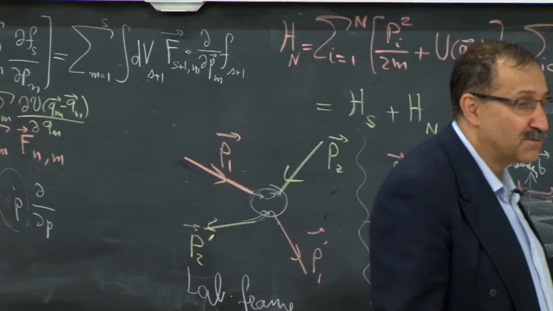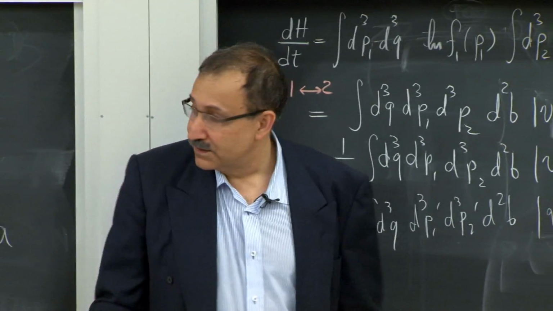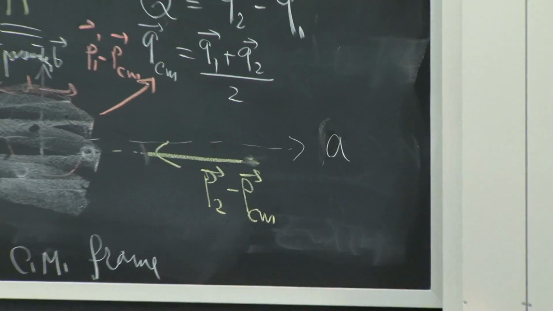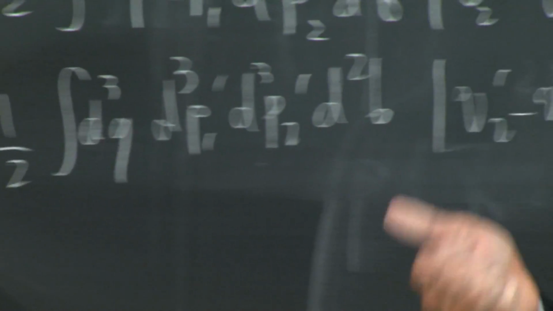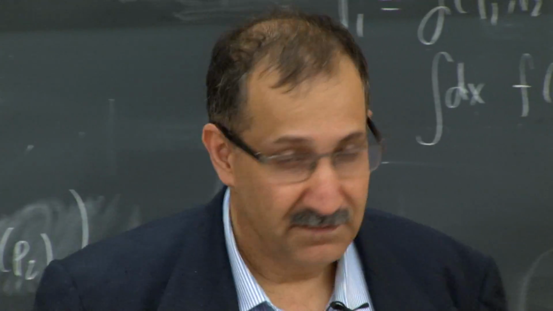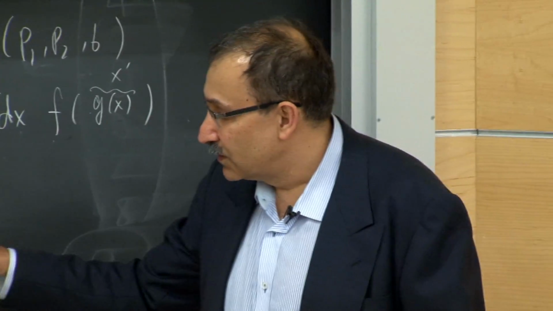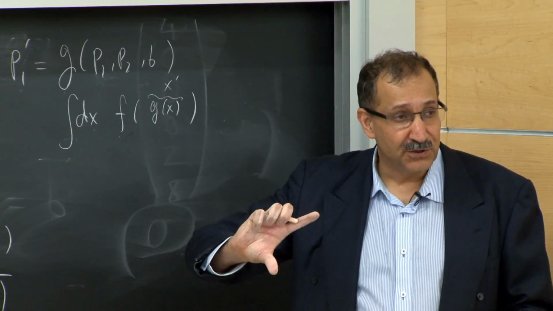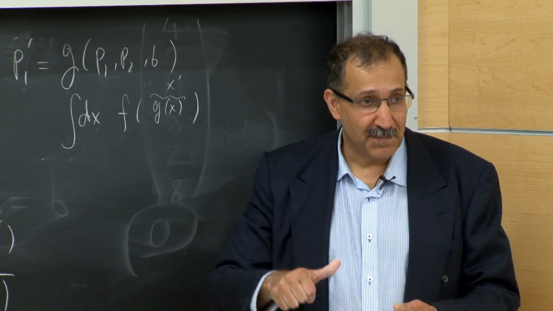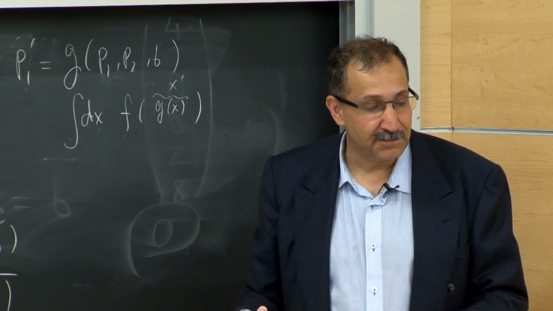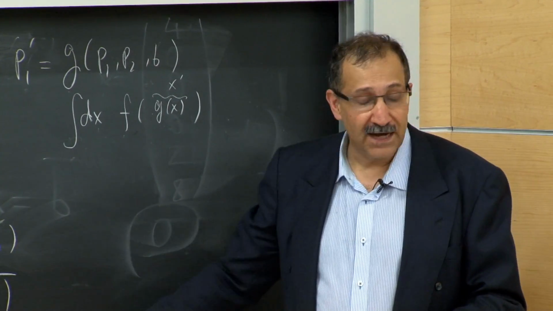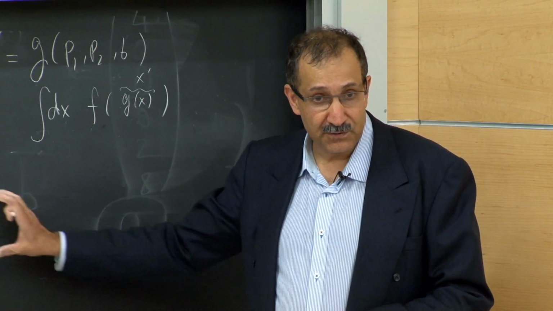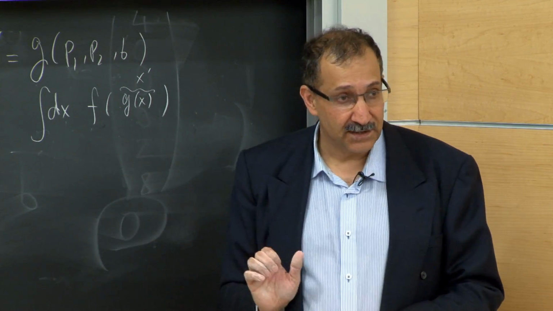So up to a factor of minus, you can see that this equation essentially has this character that p1, p2 go to p1 prime, p2 prime. Then minus p1 prime, minus p2 prime will go to p1, p2. And so if you follow that and say that you do the transformation twice, you have to get back, up to a sign that actually disappears, to where you started. You essentially have to multiply by 2 Jacobians and you get the same unity. So you can convince yourself that this Jacobian has to be unity.